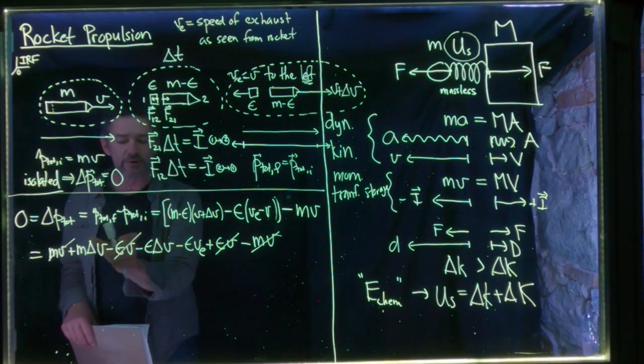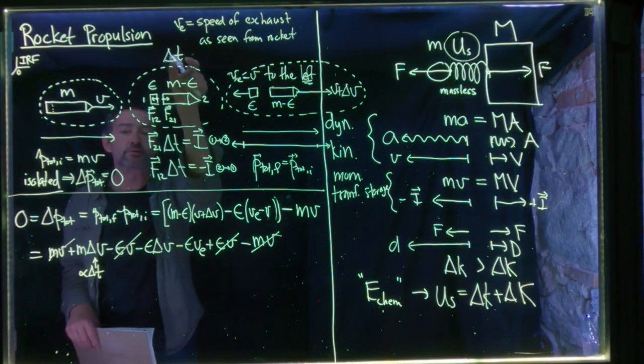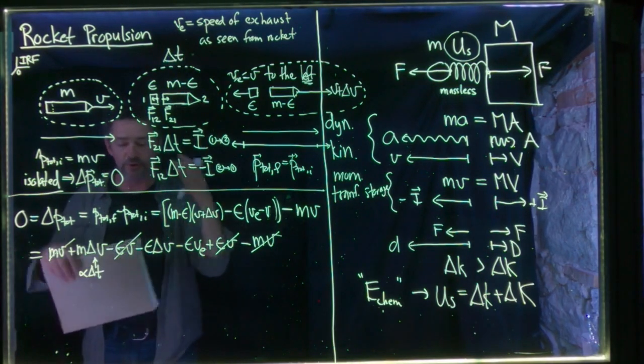Okay, and so the change in velocity is proportional to the change in time. Under a given acceleration, if you double the time, you allow that acceleration to happen, you double the change in velocity. So this delta v is proportional to delta t, this short time interval over which we are allowing this burn to happen.